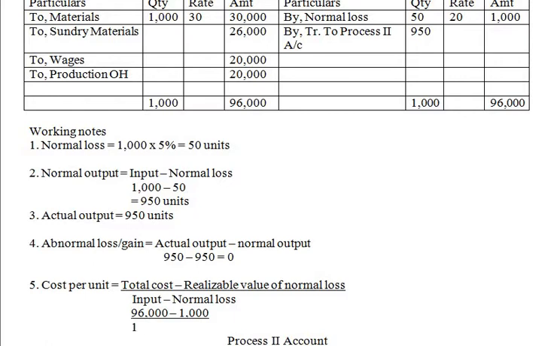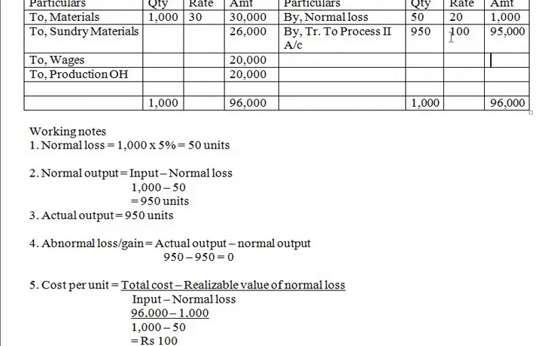Input is 1000 units minus normal loss 50 units. Okay, so which will be equal to rupees 100. Now here 950 into rupees 100 is 95,000.